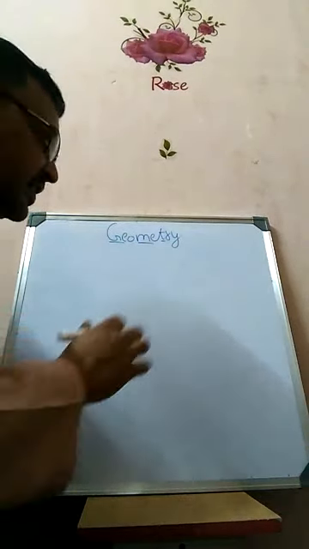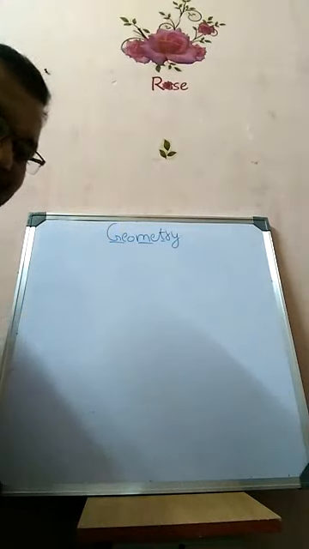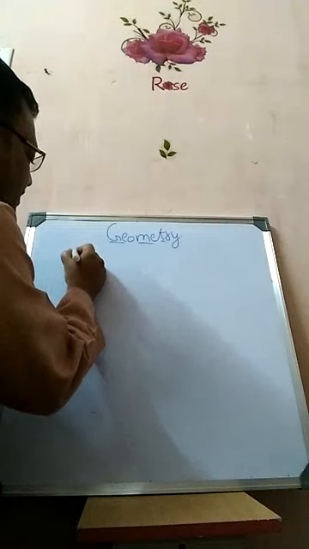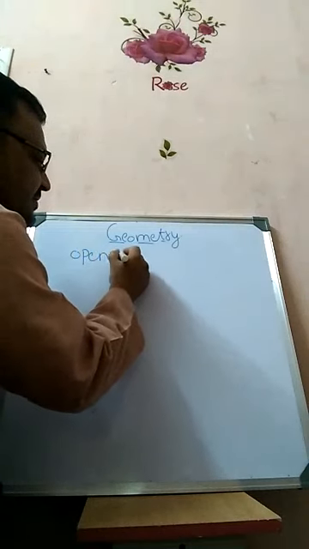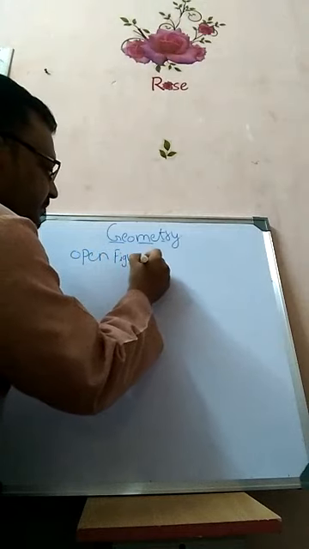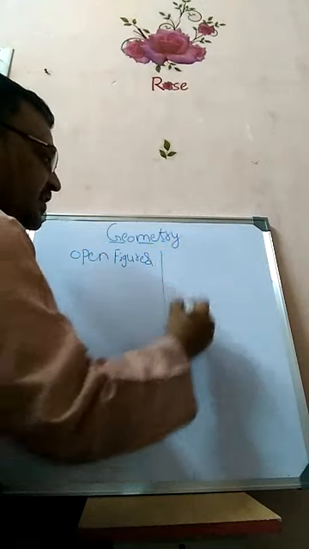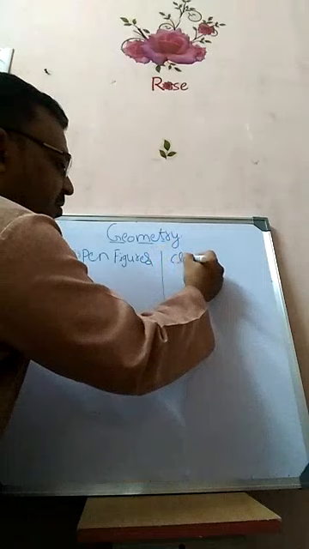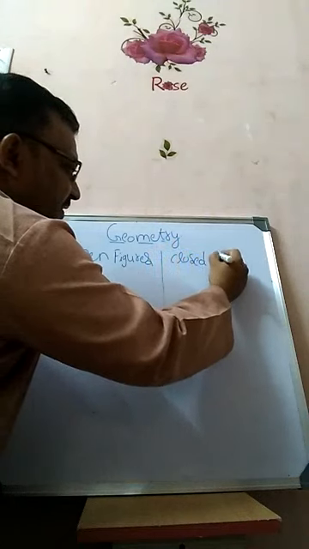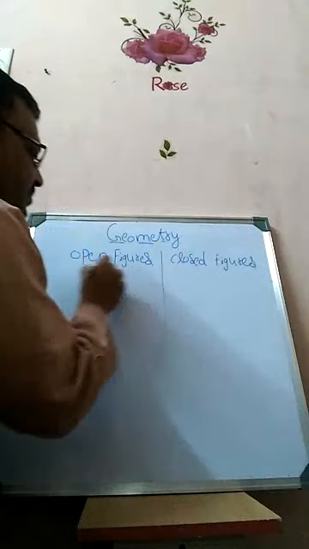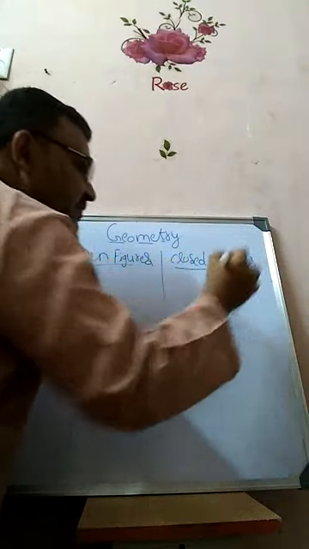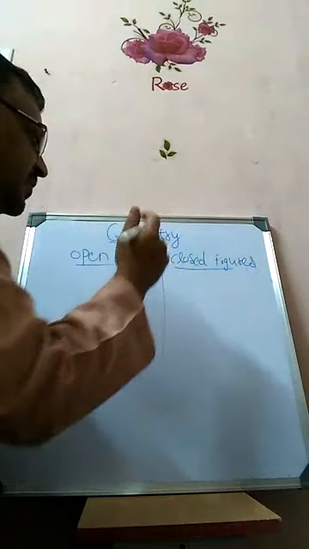And next, in geometry, generally 2 types of figures will be. One is open figures. Another one, closed figures. Open and closed figures. 2 types. What is this closed figure?